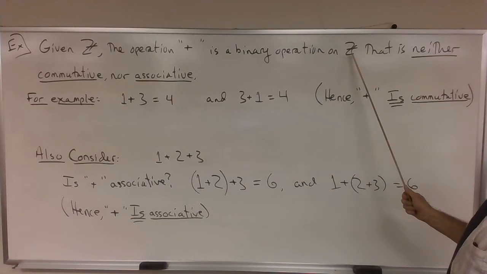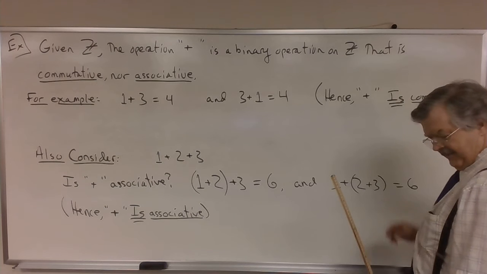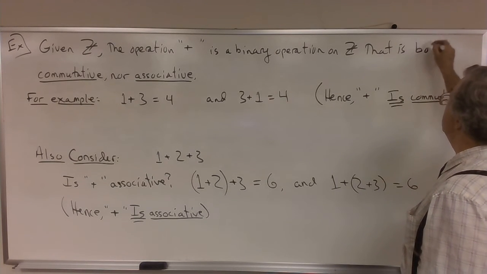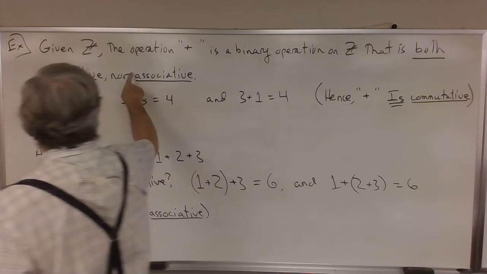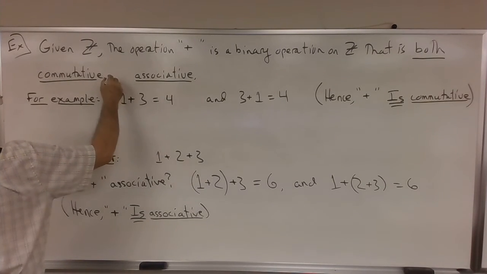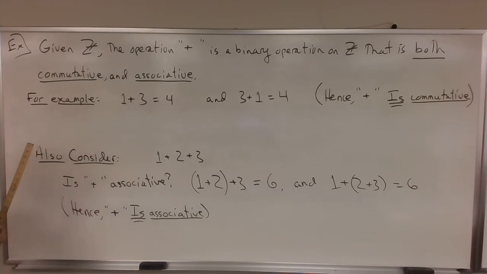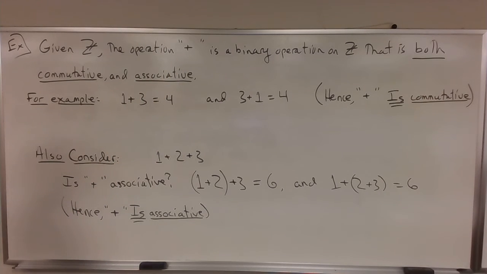It's a binary operation on the integers. And oops, I forgot to change that word. It is both commutative and associative. So addition is both commutative and associative on the set of integers.